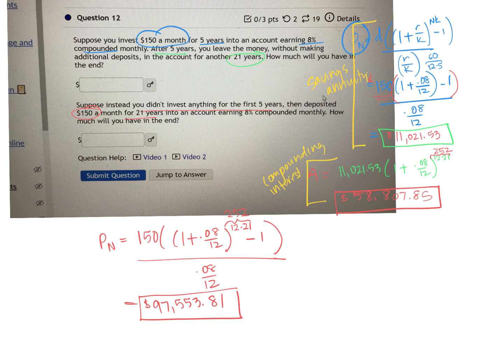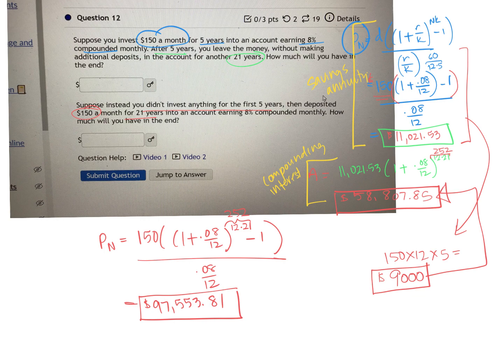So at first glance, this looks like less money overall than what we have here. But something to keep in mind is that in the first one, we only made payments for 5 years. We took $150 every month for 5 years, and that 150 times 12 times 5 is $9,000. So we deposited only $9,000 and then we let it sit there and earn money, and it made its way up to $58,000.